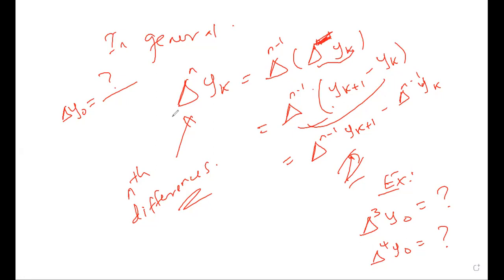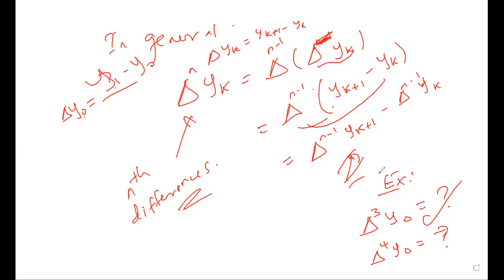So delta yk will be yk plus 1 minus yk. So wherever k, you put y naught. This will be y1 minus y naught. That's all. So according to that, you find it.